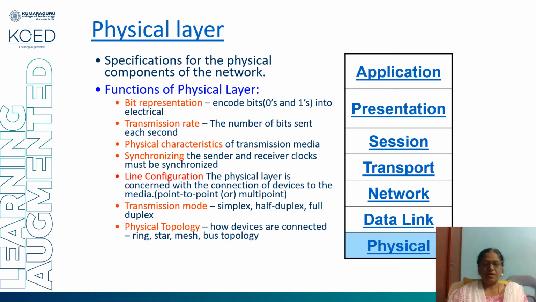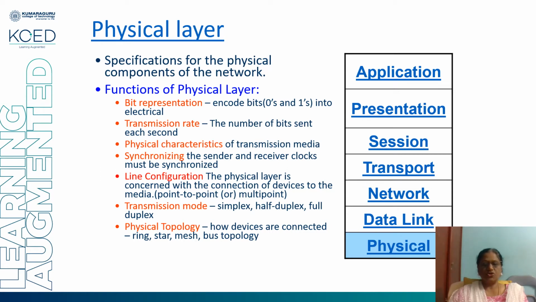The physical layer is concerned with connection of devices to the media. It could be a direct point-to-point connection or a multi-point connection. There could be different transmission modes such as simplex, which is one-way communication, half duplex, which is two-way communication, but at a time the communication can happen only in one direction, or it could be a full duplex communication which can happen in both directions at the same time.